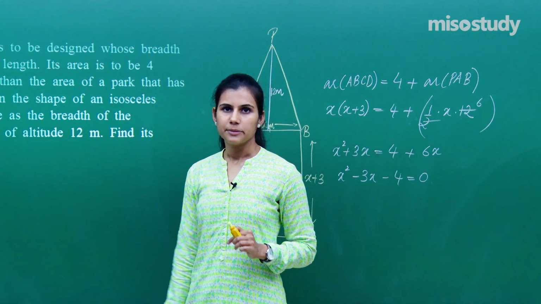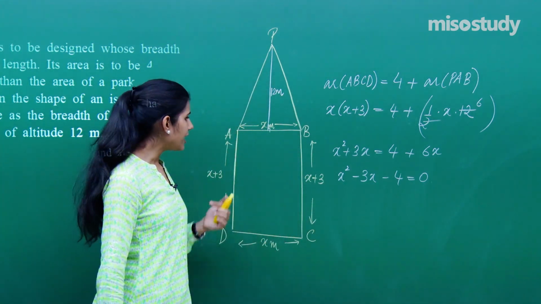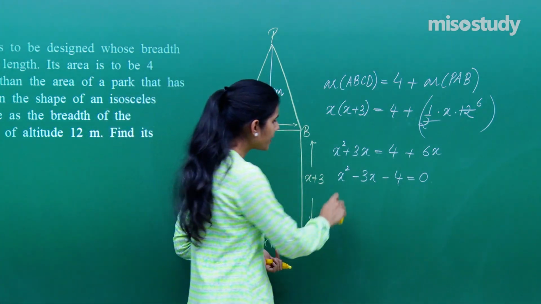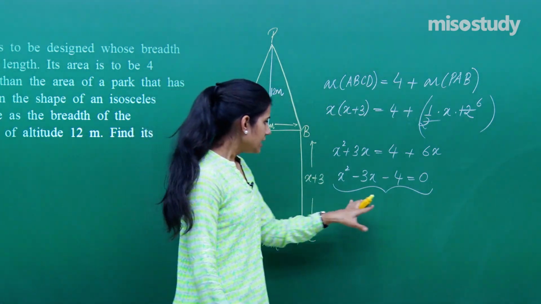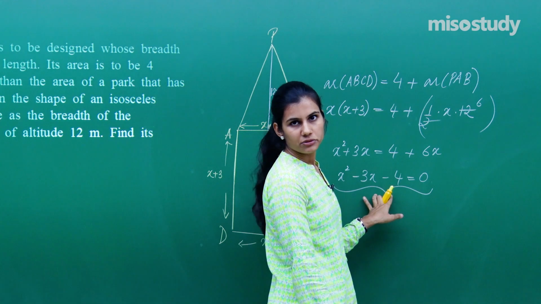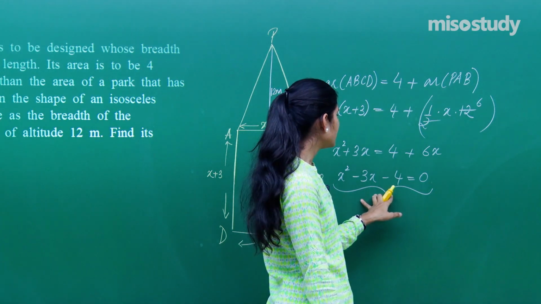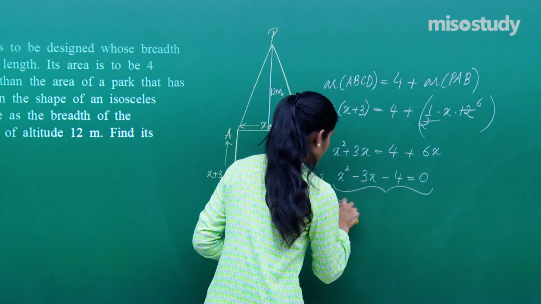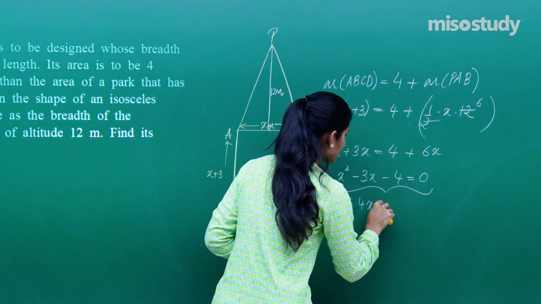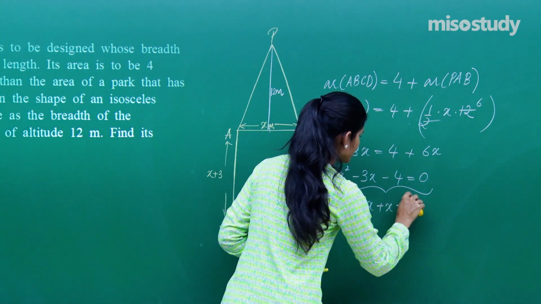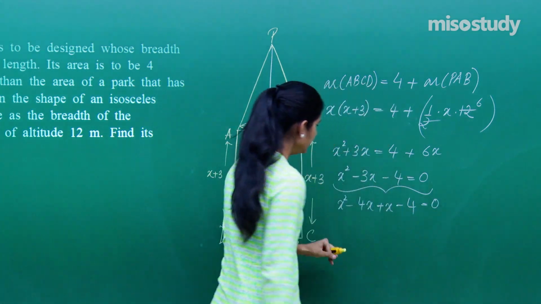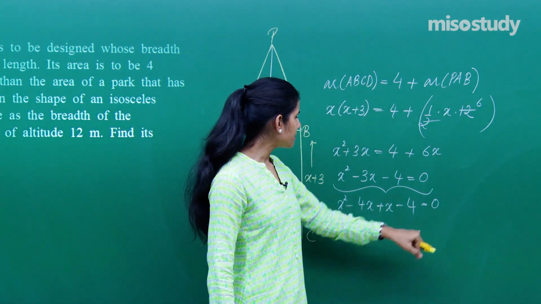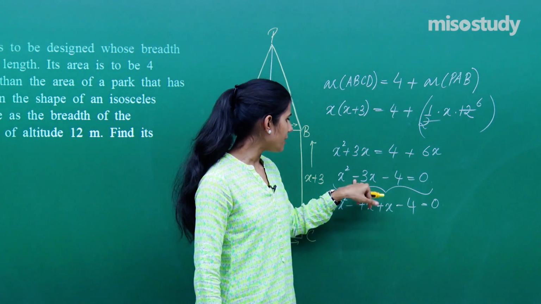Find the length and the breadth. You have to find the value of x and the value of x plus 3. X's value is going to come by solving this equation. When you solve this equation, can I write this as x square minus 4x plus x minus 4? Minus 4 plus 1 gives you minus 3.